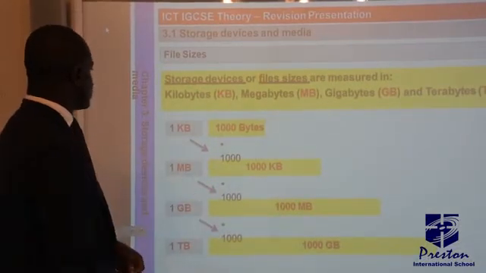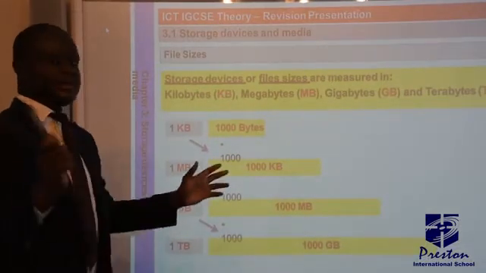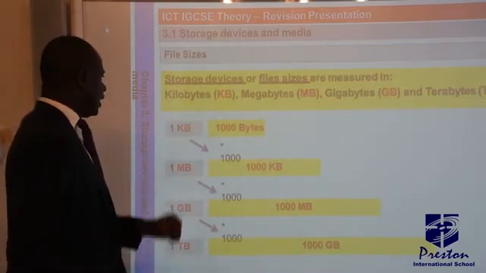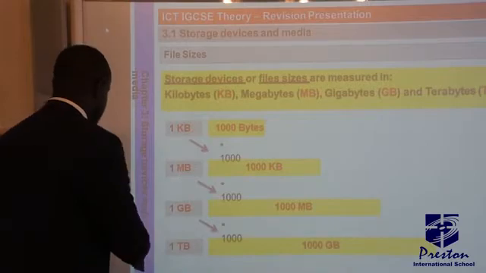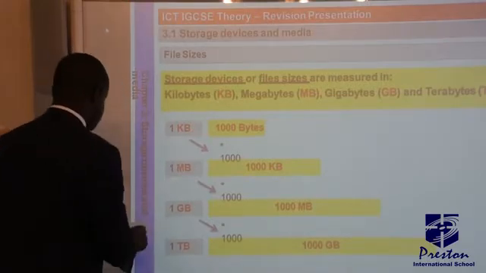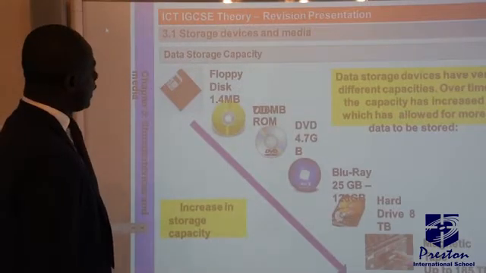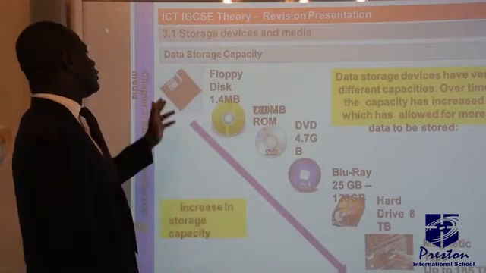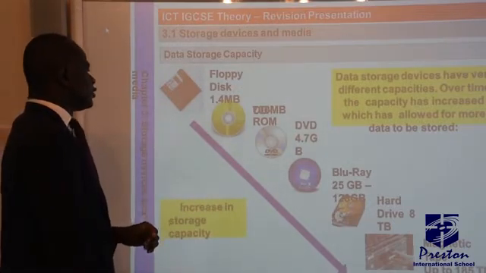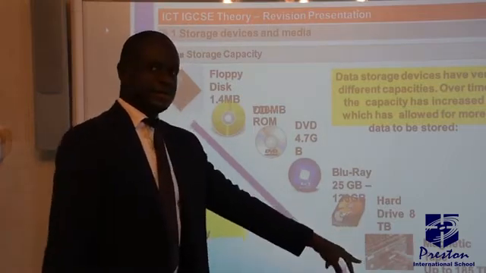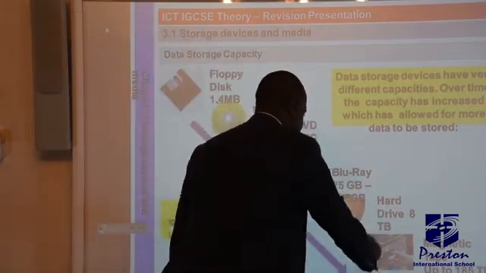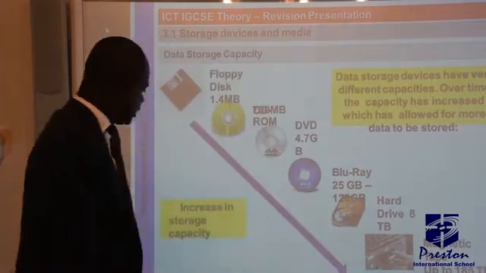Okay? So we talk about bytes, kilobytes, those measurements. And you can still remember, this is the gradation from floppy disk to CD-ROM to DVD-ROM, Blu-ray, hard drive, and we'll have magnetic tapes. Most of you are not familiar with the magnetic tapes, so we'll be talking about this shortly.